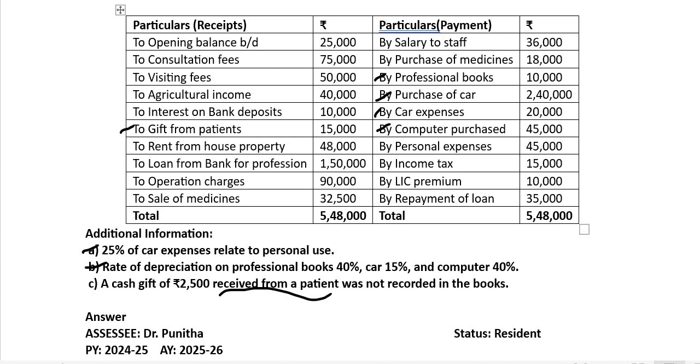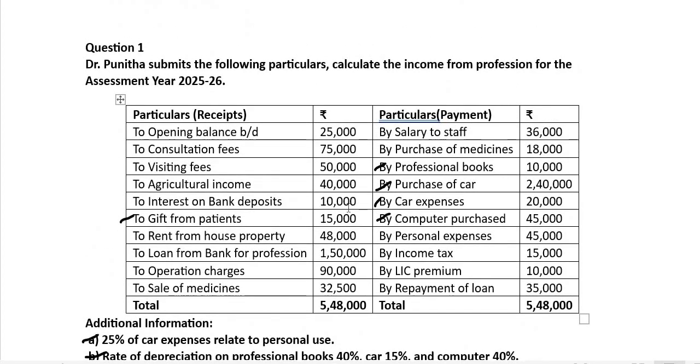Now we will look into the receipt and payment account and check which are all the professional receipts. First, you can see here opening balance, you leave. Consultation fees is a professional receipt. Visiting fees is a professional receipt. Agricultural income is not a professional receipt.